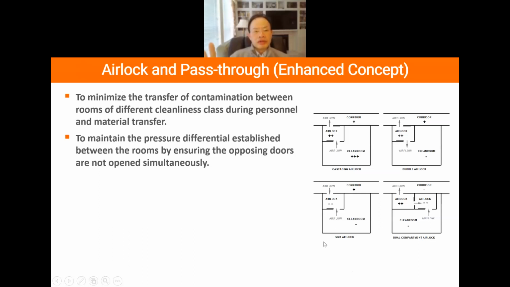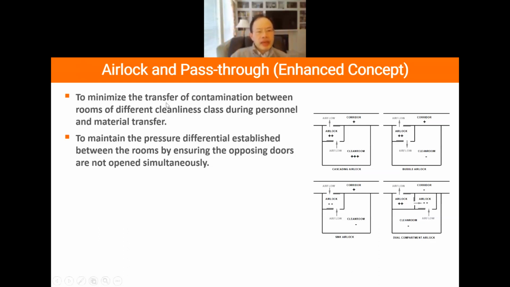I'm not going to go into detail. ISPE actually has, in our tutorial, more technical design issues, so more detailed information could be available through that training. But basically, in this ISO standard, the airlock and the pass-through are in the same category.